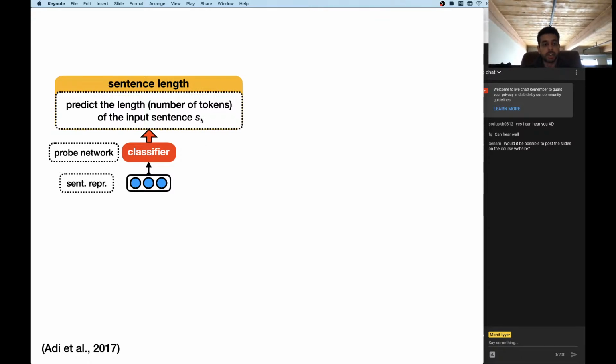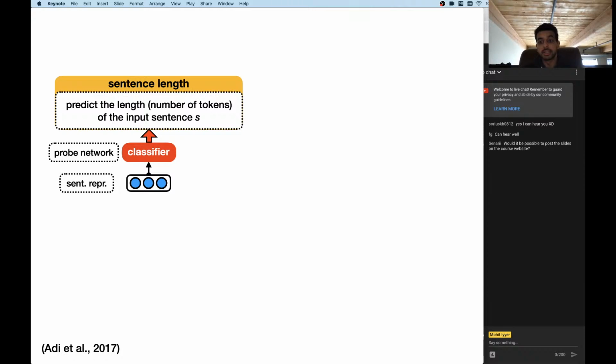During training, we can of course make arbitrary data for this task. We just need random sentences and we know their lengths. When we train this classifier, we are not backpropping into the blue part here, the BERT or whatever model this is. The only thing that's getting trained are the parameters of this classifier.